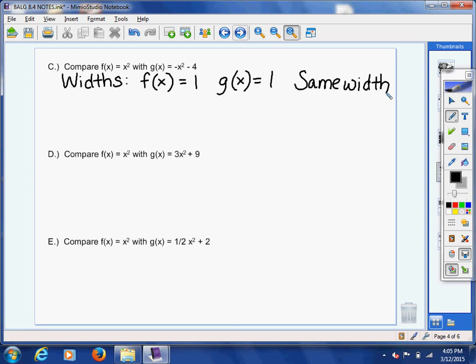Okay, let's look at the vertical translation. You look at the parent function, it's starting at 0 on the y-axis, and g of x says to bump it down 4 units.